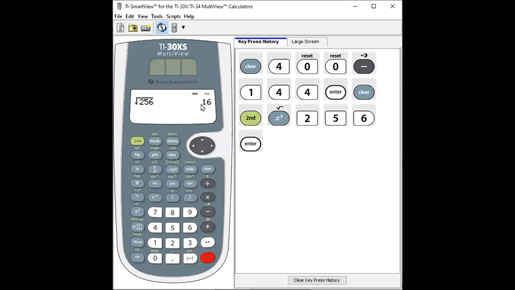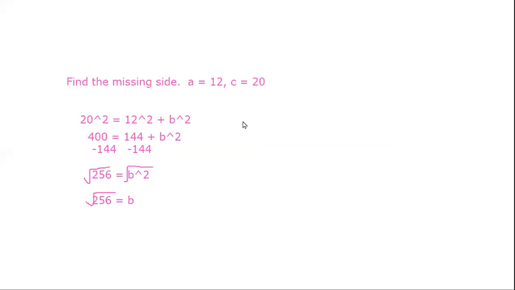That is exactly 16. No decimals on this one, no estimating. So B is 16. Done. Okay? So you have a picture sometimes, and sometimes you have the text.